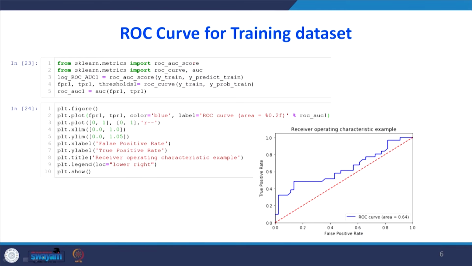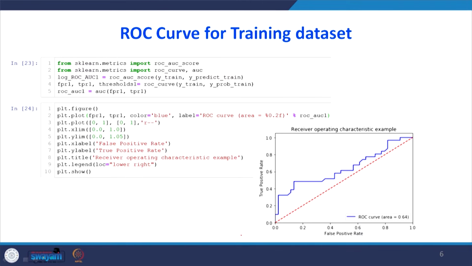Then log_roc_auc1 equal to roc_auc_score(y_train, y_predict_train). Then FPR, TPR, the false positive rate and true positive rate, and we are going to test the threshold also: fpr1, tpr1, threshold1 equal to roc_curve(y_train, y_probability_train).